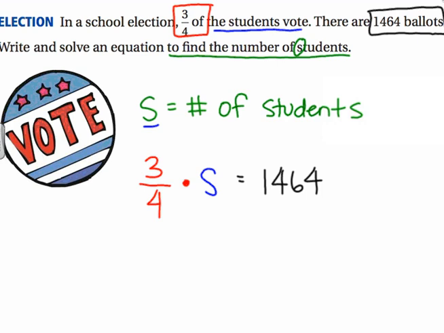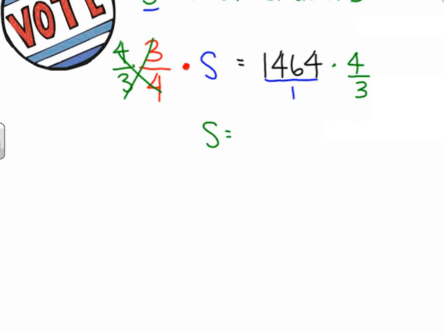We're going to multiply both sides by the reciprocal. So I'm going to do times 4/3 on both sides. So this side simplifies down to just 1s. And on this side, it might help to make this over 1. I could also simplify the 1464 first if I wanted. So here's what those steps would look like.